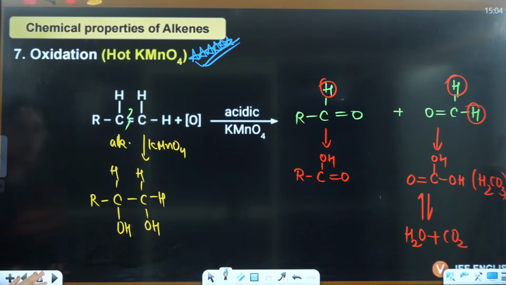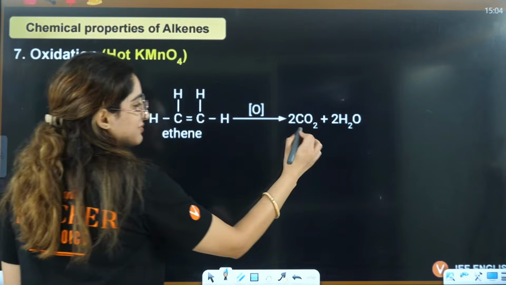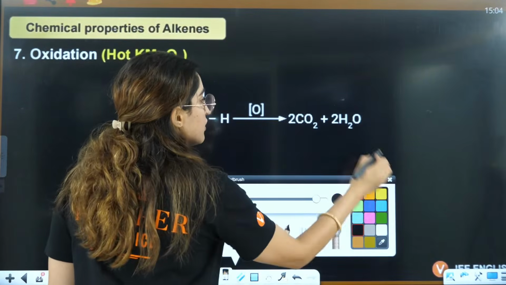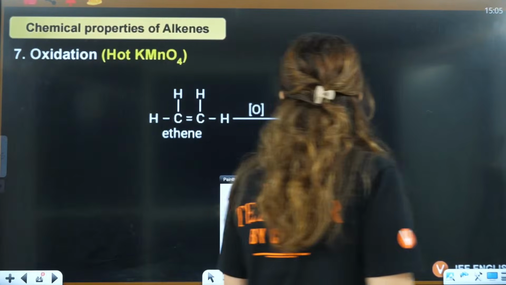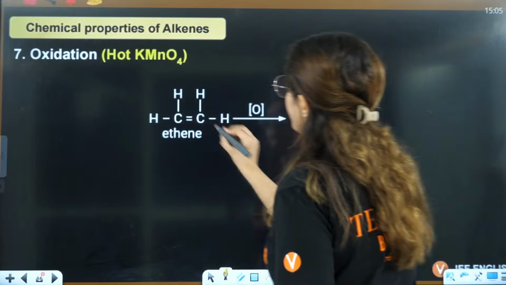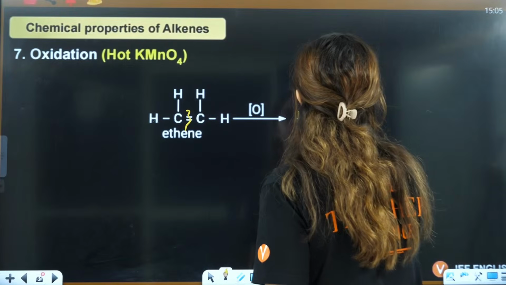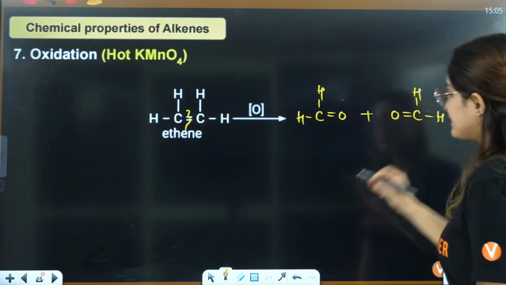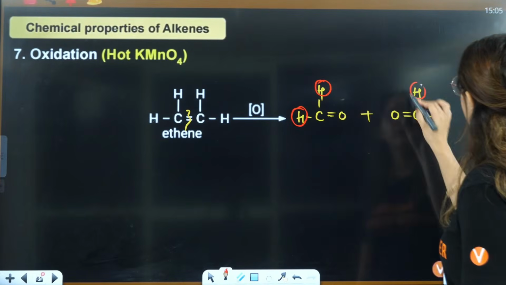Now next we have done hot KMnO4, which as I already told you, you won't be able to remember directly. How do you remember this? You will not remember that ethene will give carbon dioxide, so you should not remember that much. Directly break the double bond, attach double bond O on both carbons, then the hydrogen directly connected to the carbon is converted to OH.